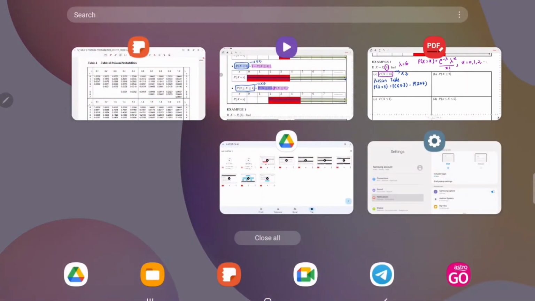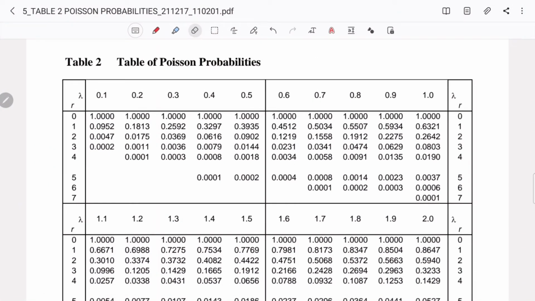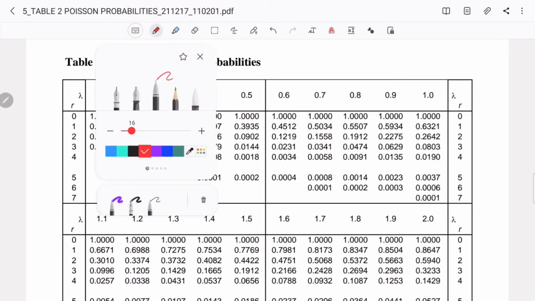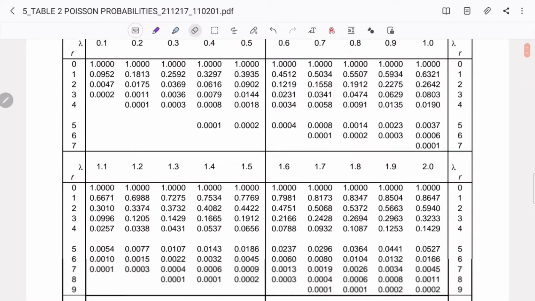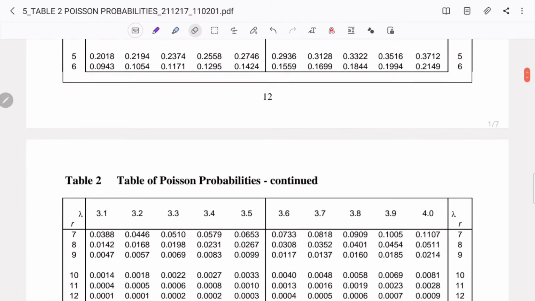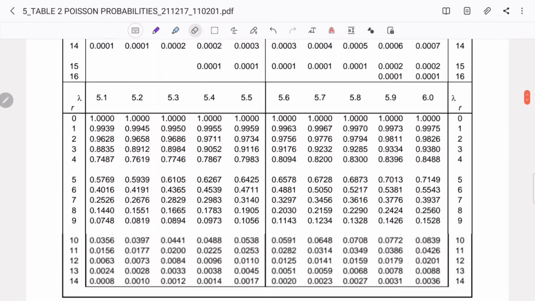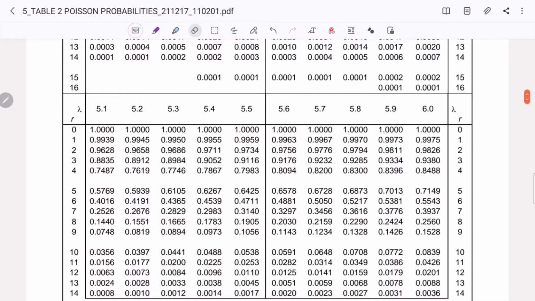Look at the Poisson table and find the specific value for lambda equal to 6. The upper part here is the value of lambda. Since our lambda is equal to 6, we look a little bit down and find lambda equal to 6 here.